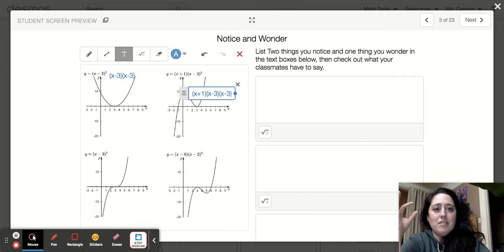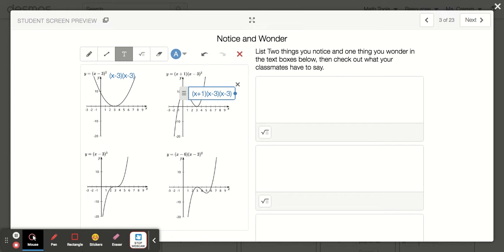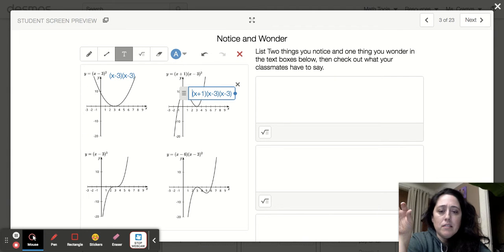Actually, let me just, should I do this? Because I was looking this up to see if I could give you an example. But see how this is x to the fourth? This is a fourth degree polynomial. Let's see. I think maybe you couldn't see that because of the way that I'm filming this.